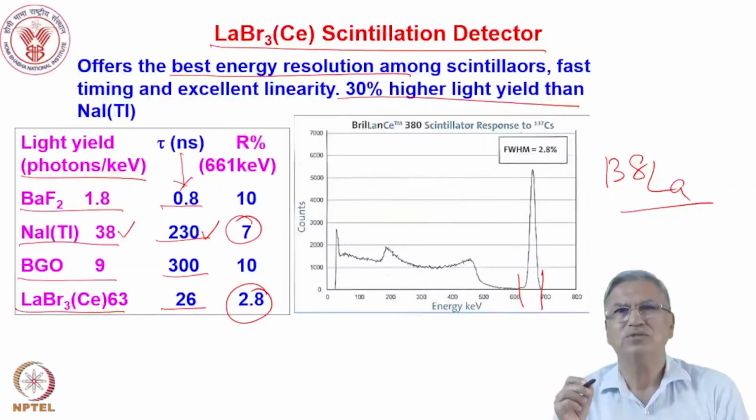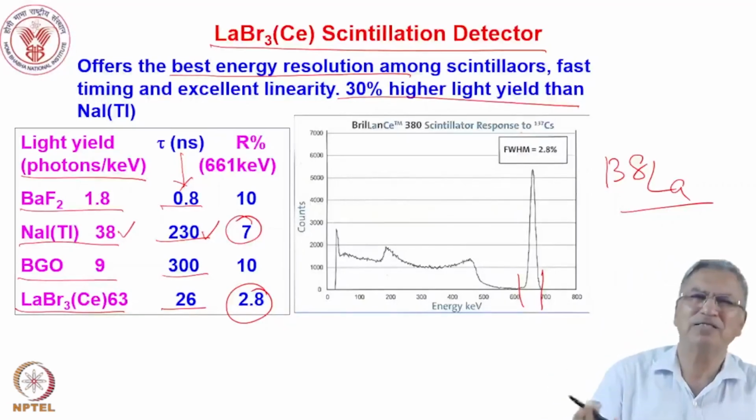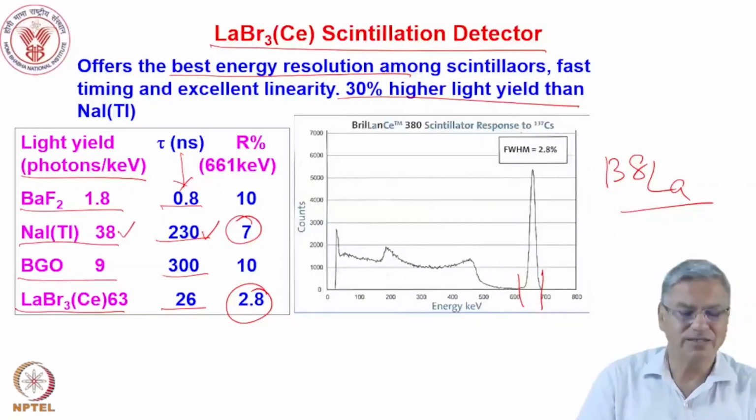That background peak will be very, very small, but if you count for a long time, you will find a peak will appear somewhere in the high energy region. So that is the only drawback. But other than that, lanthanum bromide is going to score all points with respect to sodium iodide and other scintillation detectors.